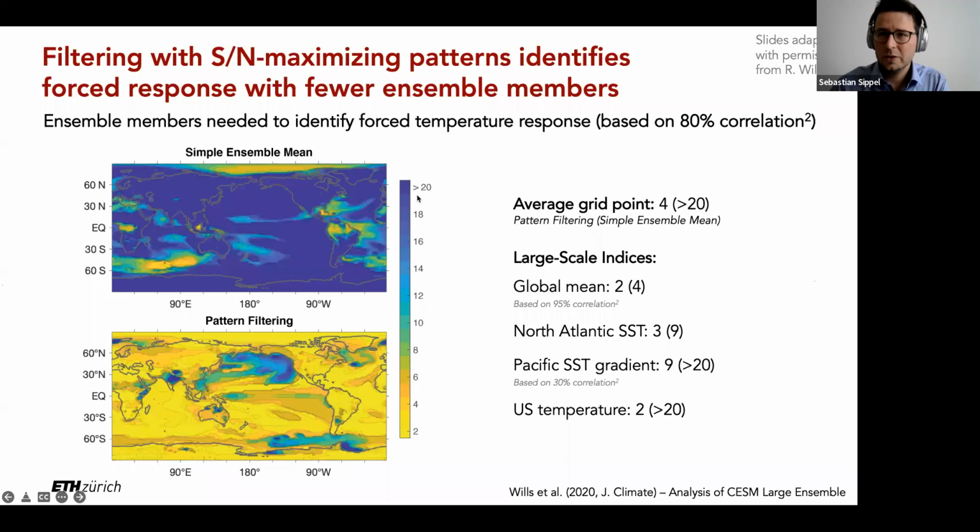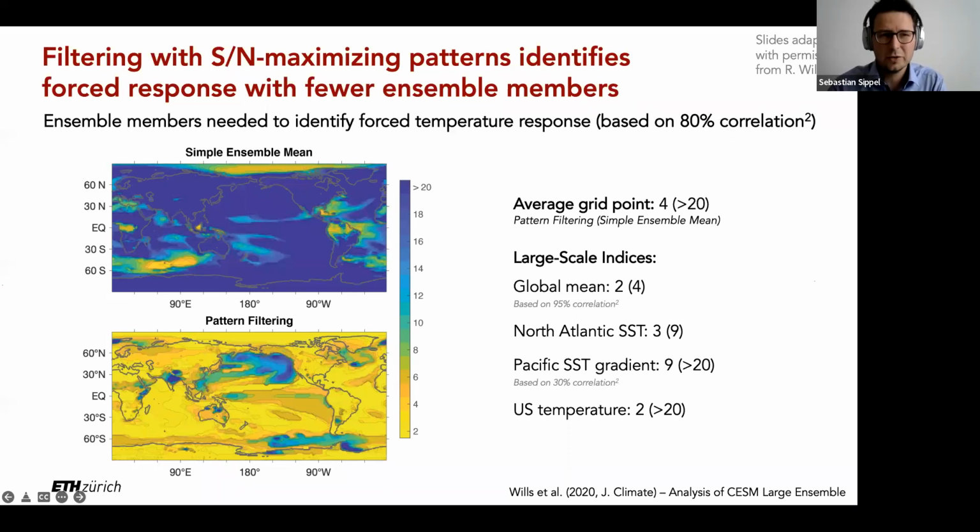As a last point on the signal-to-noise maximizing pattern filtering, this is a map of how many ensemble members you need to identify a forced temperature response that correlates relatively highly with the ensemble mean. If you just compute ensemble averages across grid points, the top figure, you see that in most locations of the globe, especially in the mid-latitudes, we would need a really large number of ensemble members to achieve even a reasonable correlation with the ensemble mean.